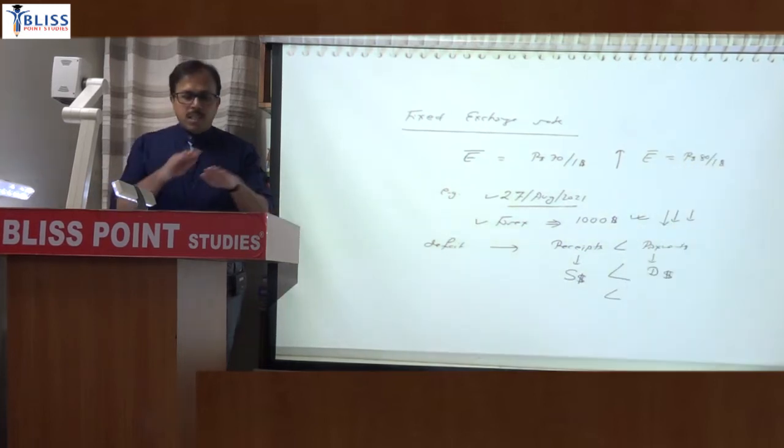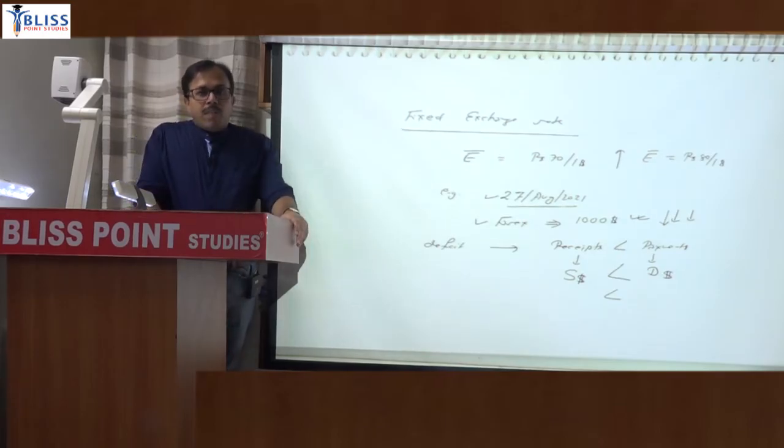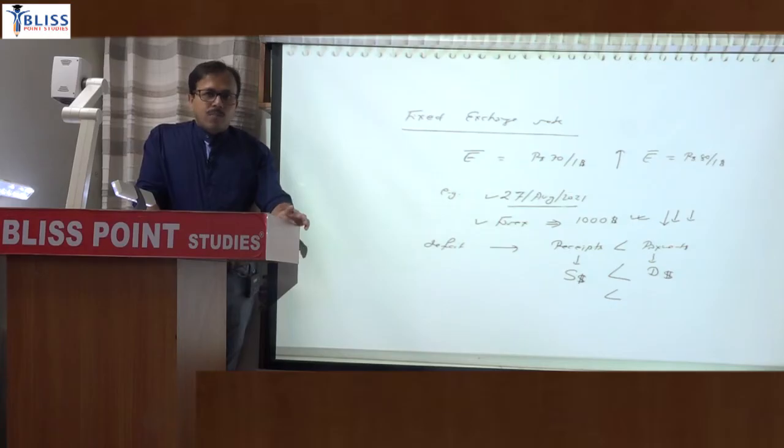If the exchange rate increases by that official action, it is called devaluation of currency. So the problem with the fixed exchange rate model is that if a country is facing continuous deficit in balance of payment, then the central bank will have to devalue the currency again and again.